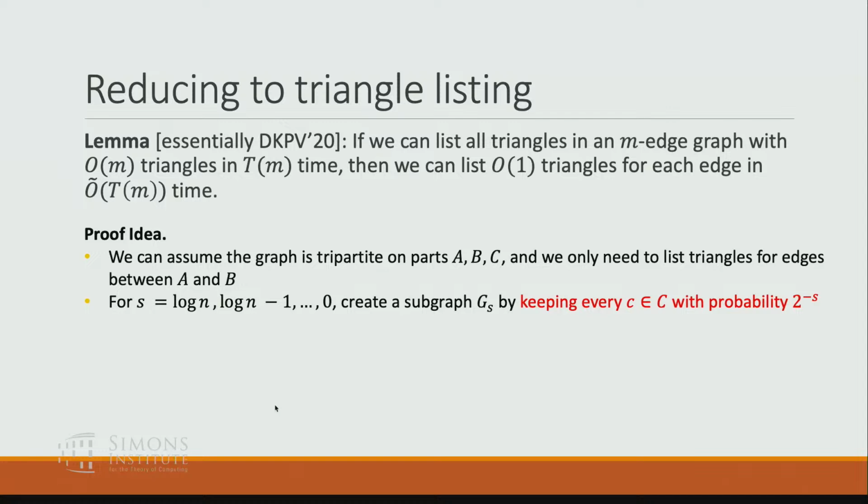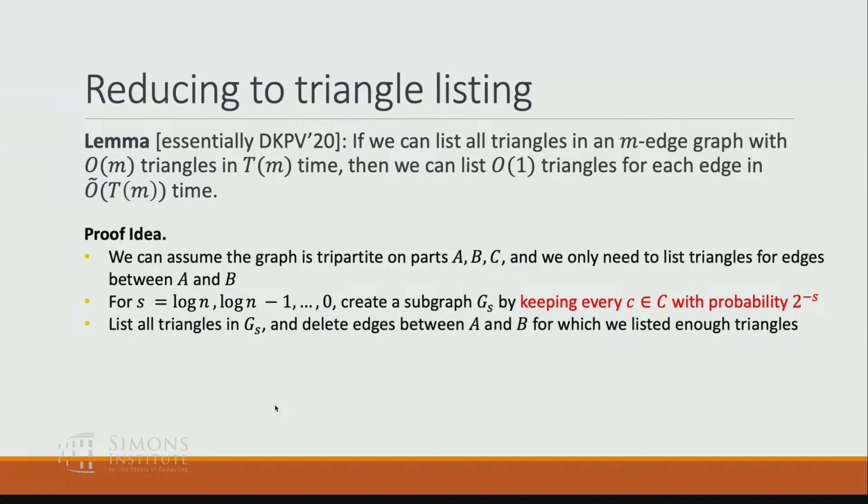In the final round, we keep every vertex in C with probability 1, so all vertices in part C remain. Then we list all triangles in G_s. If the number of triangles in G_s is not too much larger than m, we can use an algorithm that runs in T(m) time to solve it.